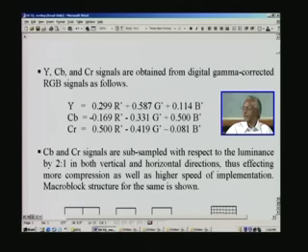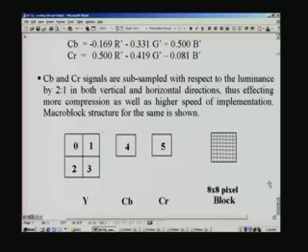And another important thing here, I will read this out: CB and CR signals are subsampled with respect to the luminance by 2:1 in both vertical and horizontal directions. I will explain this in a minute, thus affecting more compression as well as higher speed of implementation, and the macroblock structure for the same is shown here.